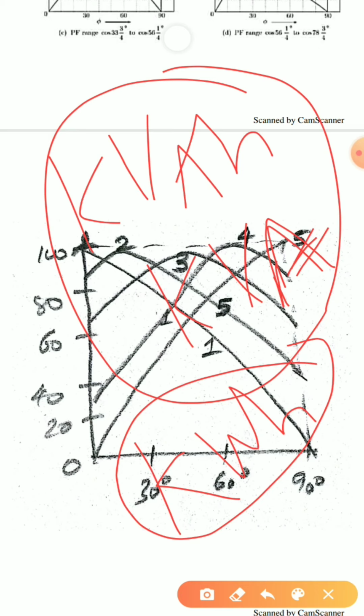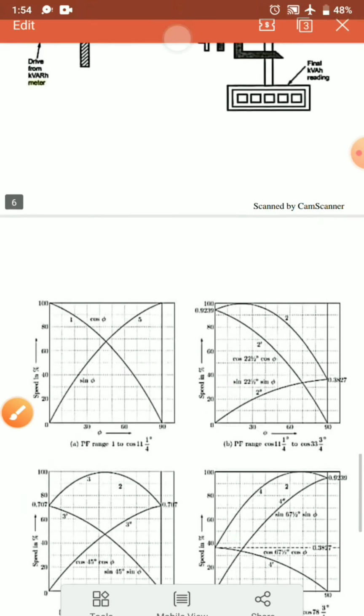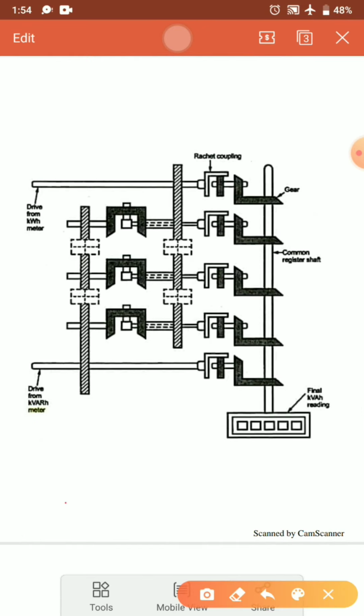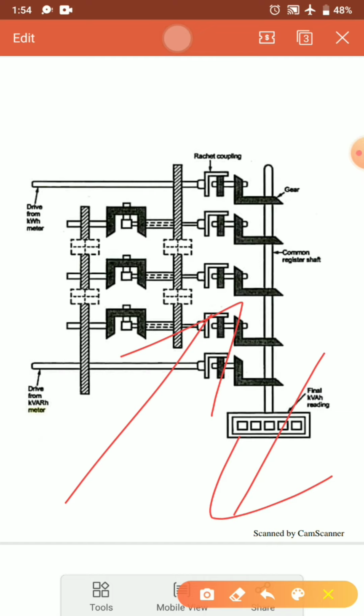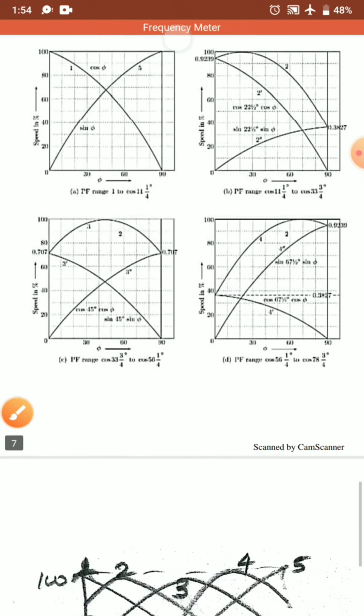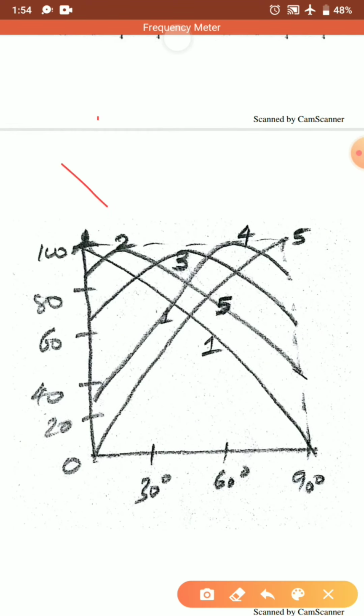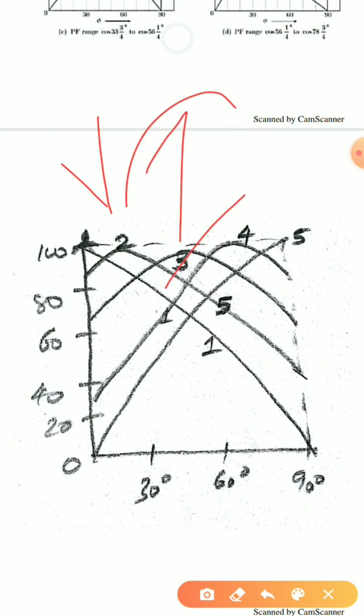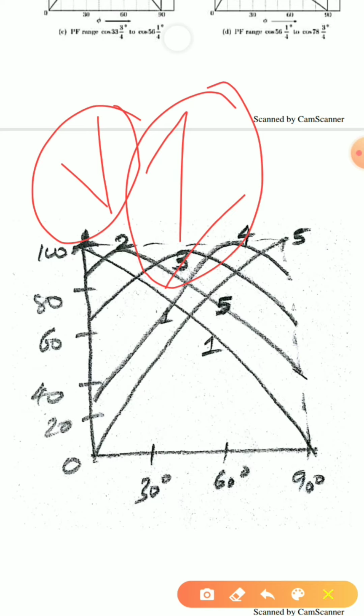All these parameter values can be easily determined using a trivector meter. Trivector meters are used in substations where I can easily measure the incoming power and the outgoing power, all the quantities. As I have said, the value of voltage, current and frequency can also be measured using the trivector meter.